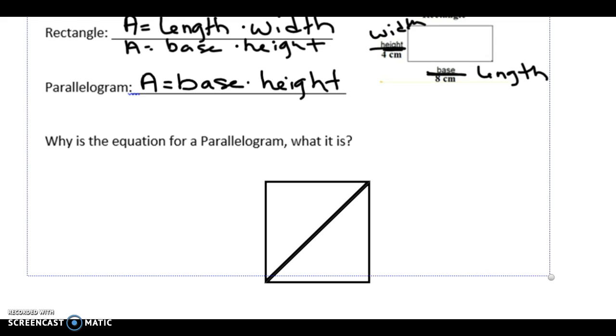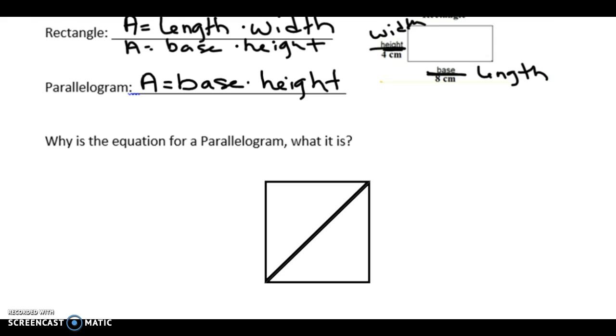It makes a rectangle. Okay? So, parallelograms are just like rectangles. Here's another version of a parallelogram. If I cut it right there and move that portion over to the side, notice how it would make a rectangle if you focus in on just the portion that's left behind.